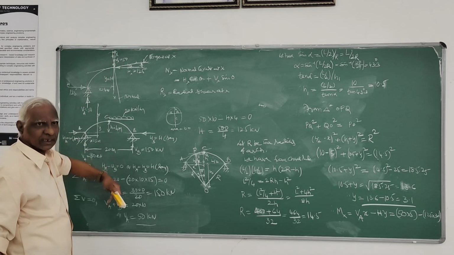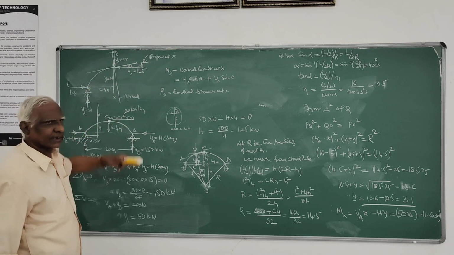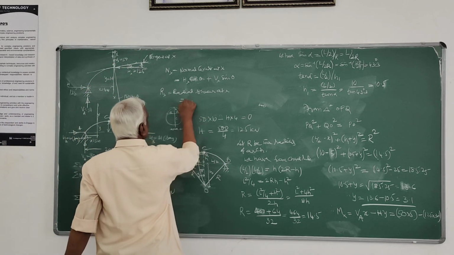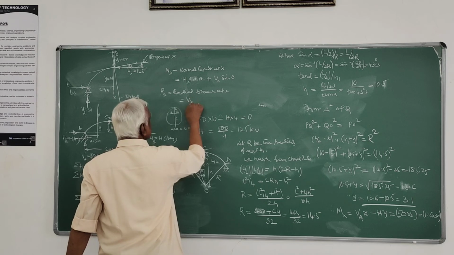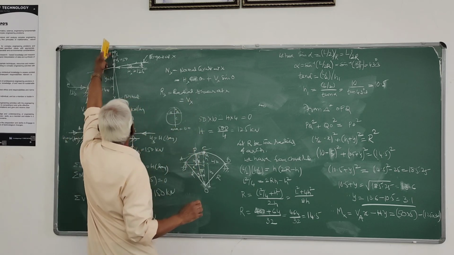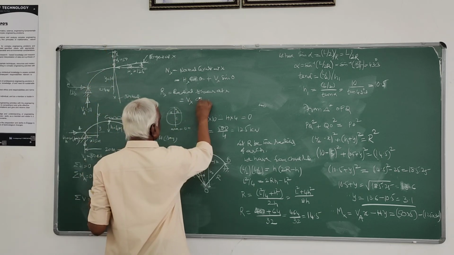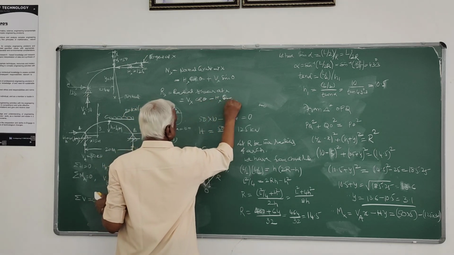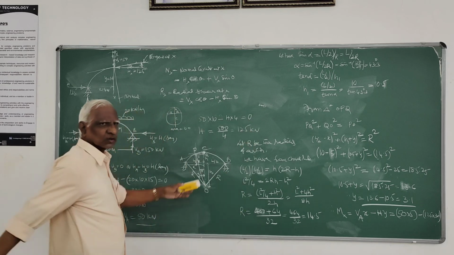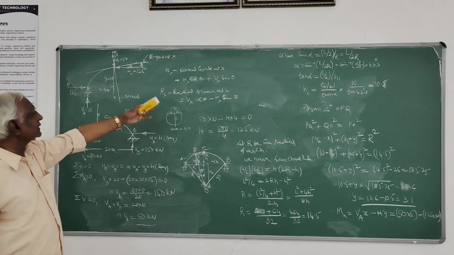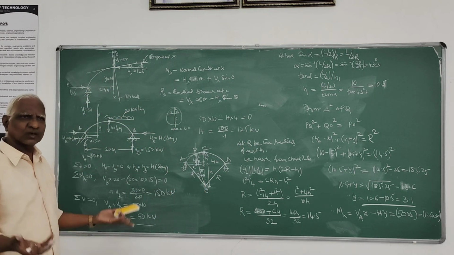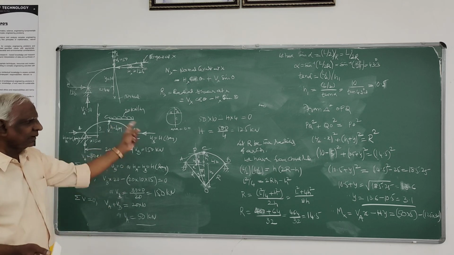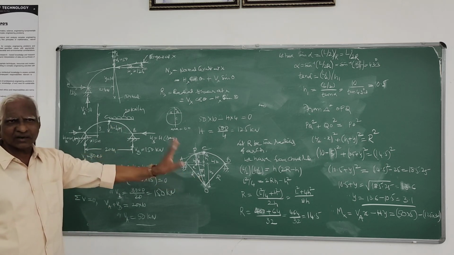Positive because it is in the R direction, and this is negative. So that is Vx cos theta minus Hx sin theta. That's all. Theta we have determined, and Hx, Vx we have determined. So normal thrust, radial shear, and bending moment, we have already got.